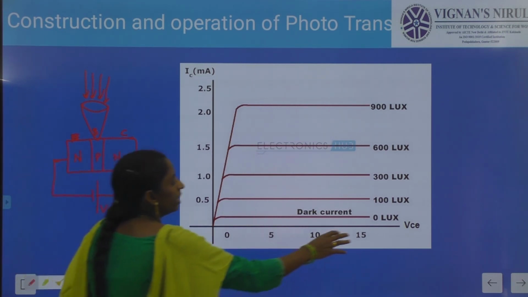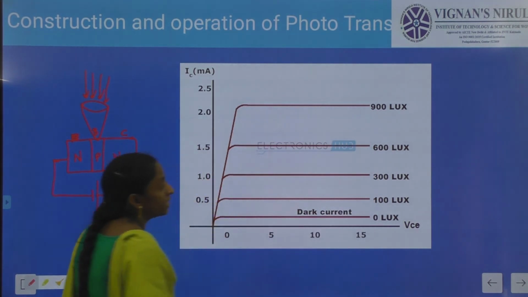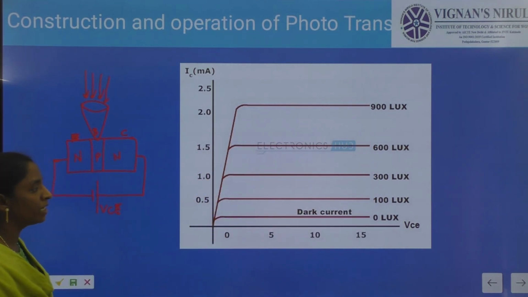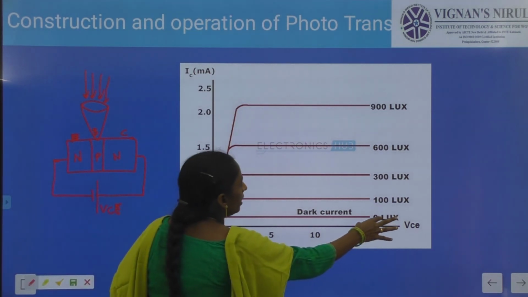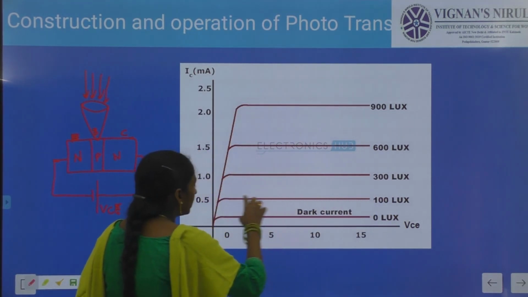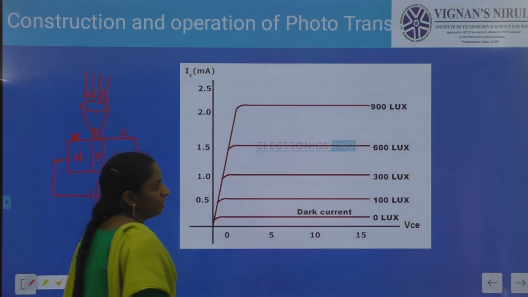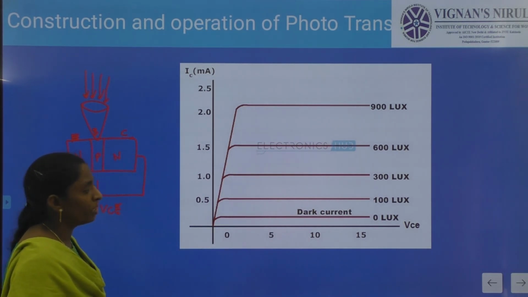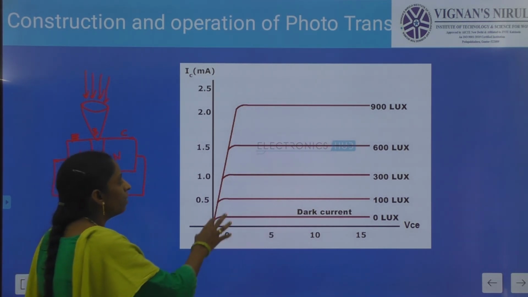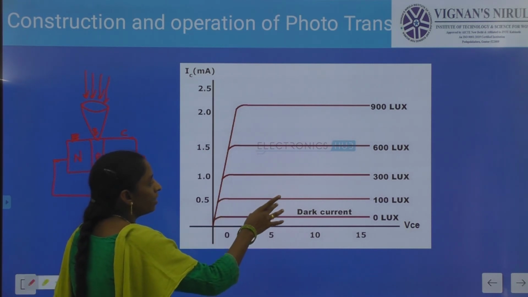So here it indicates the intensity of light, which is measured in lumens. Okay, here light is 0. Here we are increasing the light to 100 lumens.